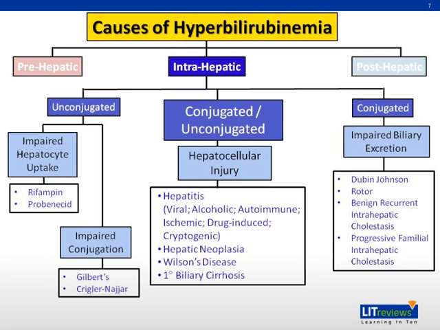However, the most clinically important intrahepatic cause for hyperbilirubinemia is that of hepatocellular injury, which is usually due to hepatitis resulting from a wide range of etiologies and must be investigated for in any patient presenting with jaundice.